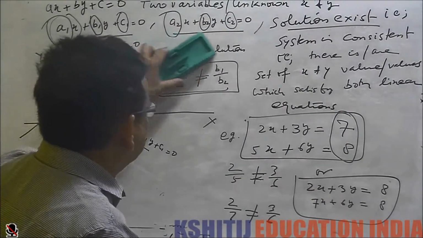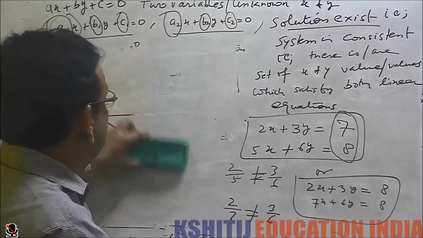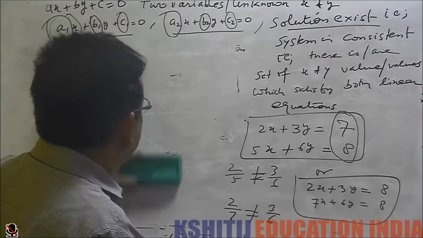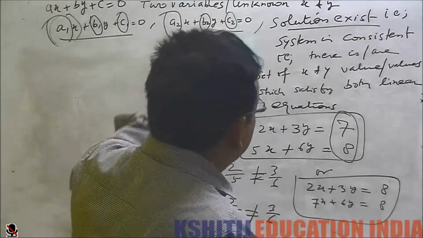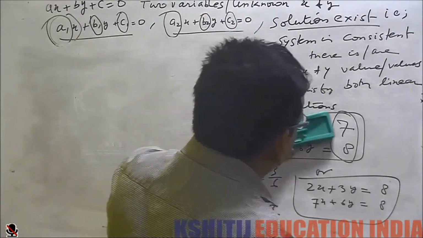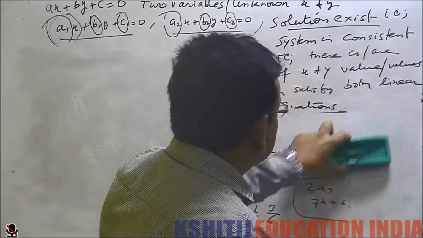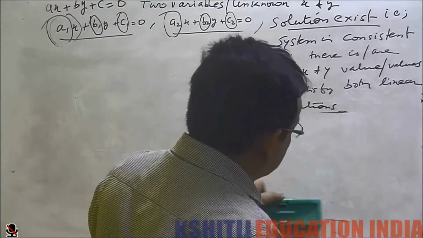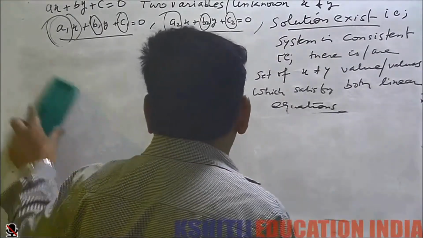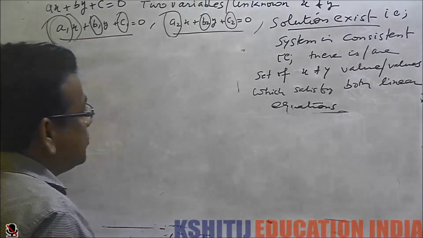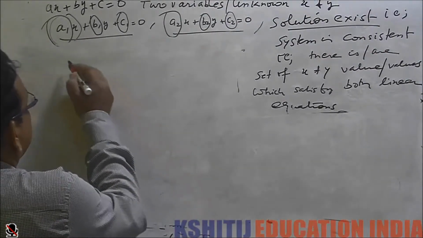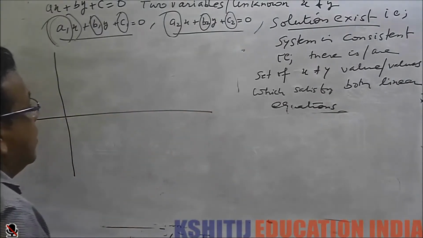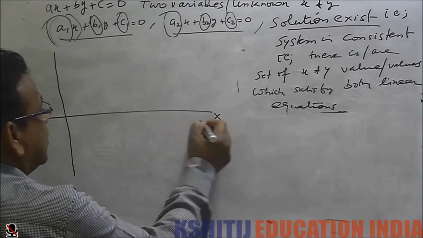Now look at another type of consistency, where we have more than one solution. So more than one set of values will satisfy both the equations. In a graph, let's say, this is x, this is y.